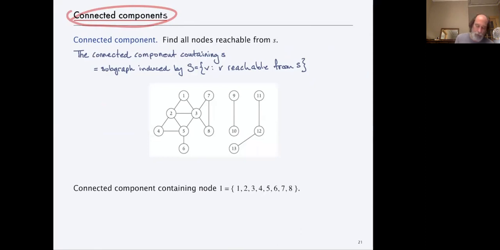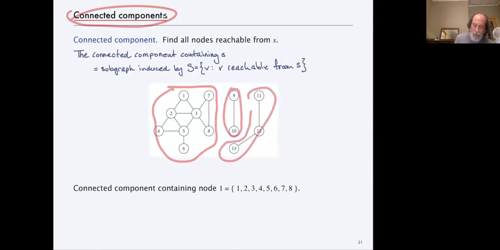For example, here, this is a connected component, and this is a connected component, and this is a connected component. Within each of these blobs, every two vertices have a path between them, and there are no vertices that have a path to those that are not included.